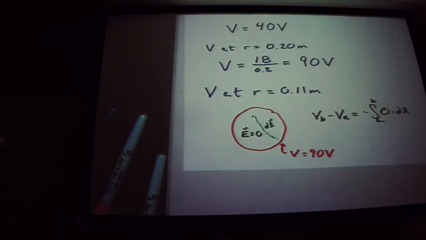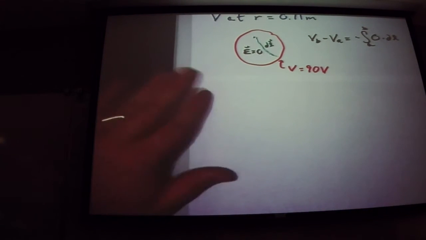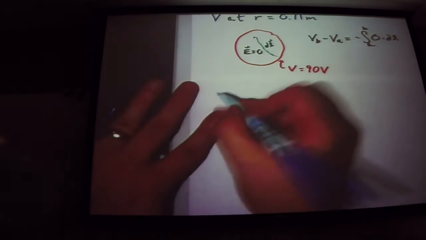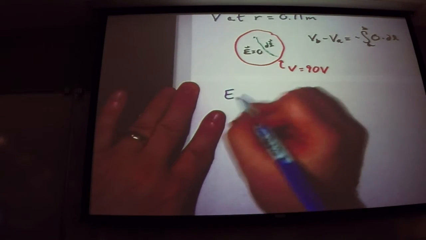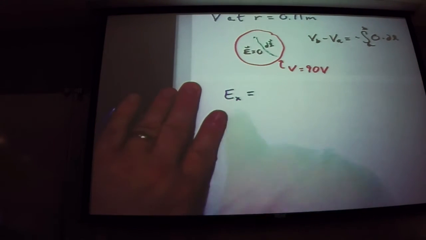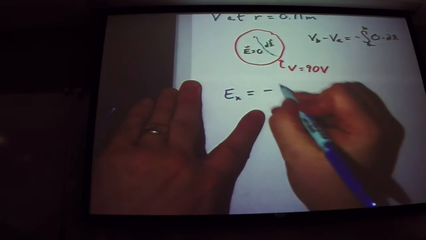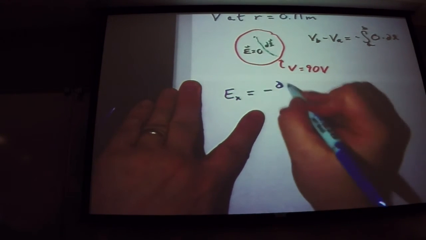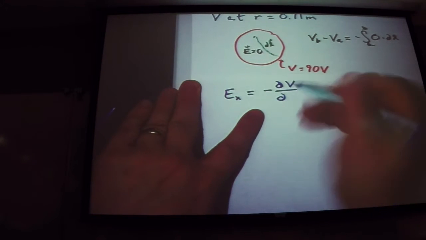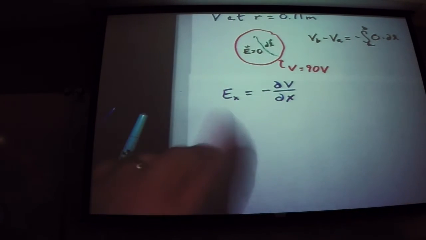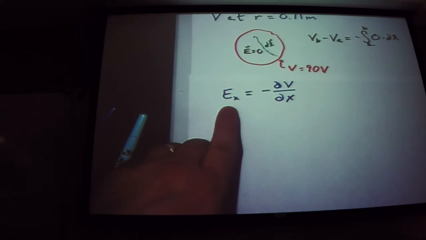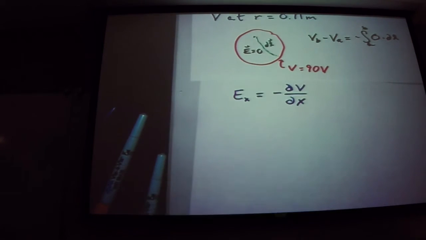The other way to look at it is, let's look at it in terms of that derivative formula, which technically is the partial derivative formula, but we can just look at it as a derivative formula. So E in the x direction is equal to minus dV dx, and this works for anything. If the electric field is equal to 0, if the derivative of something is equal to 0, what is that something?